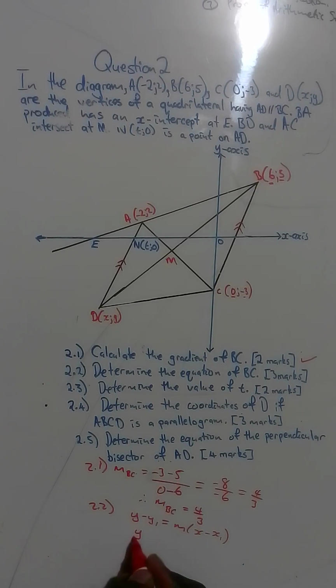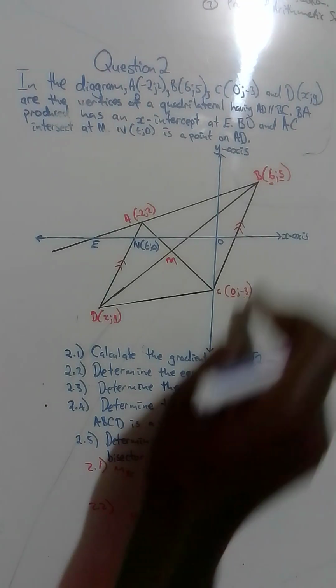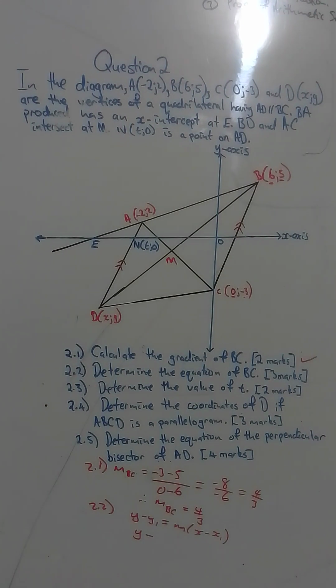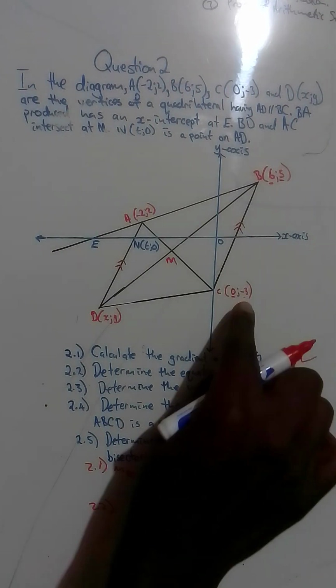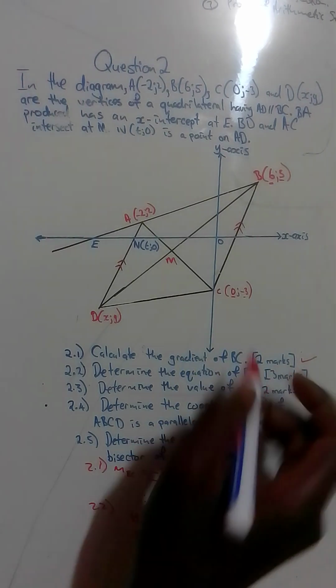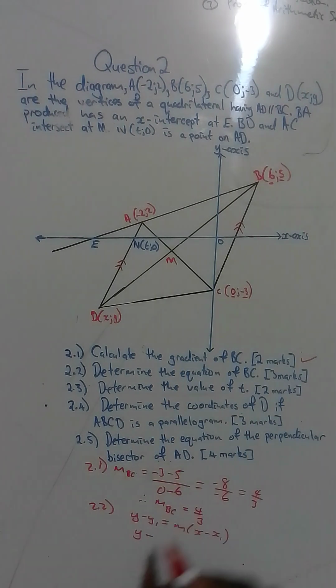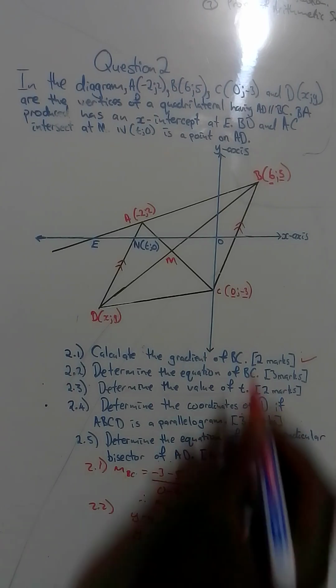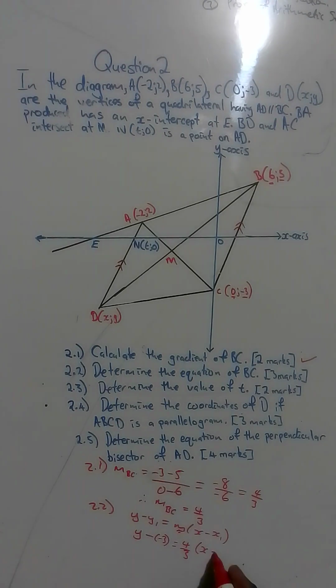So now I say y minus, I can take any y coordinate. I'm going to choose point C. So the y coordinate at point C is -3. So I say y minus open bracket -3 is equal to m, the gradient. I just found that 4 over 3 is the gradient for line BC. Open bracket x minus my x at point C, which is 0.